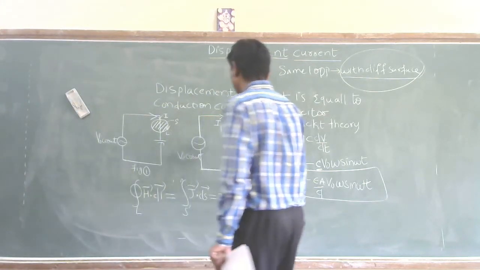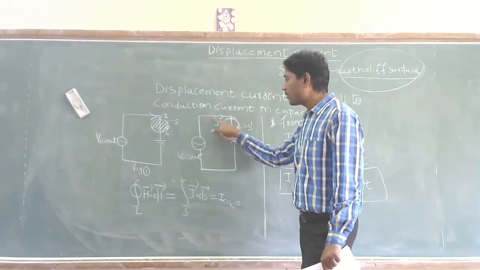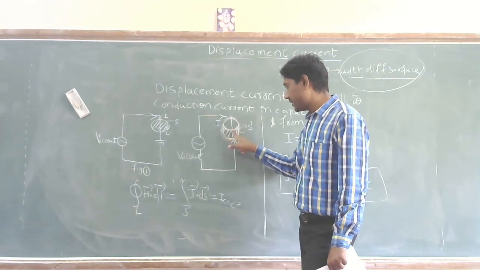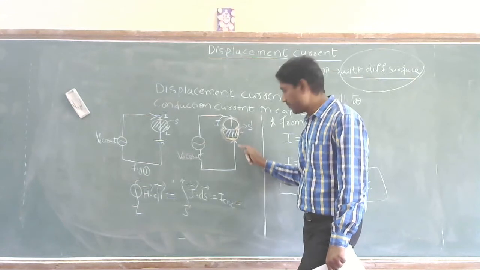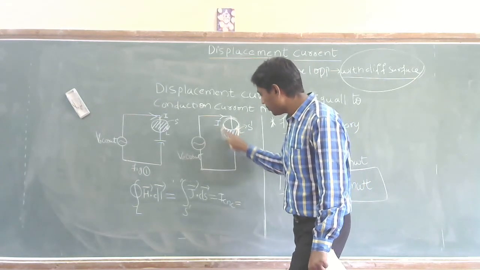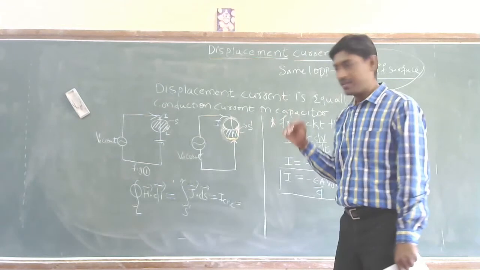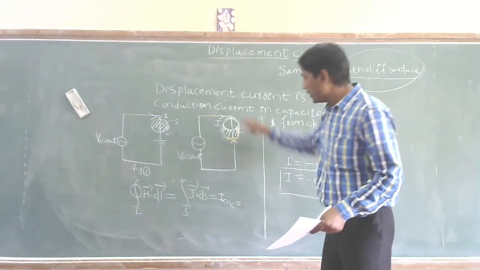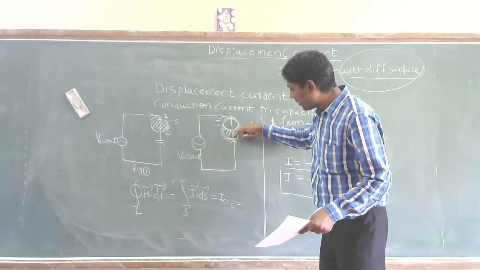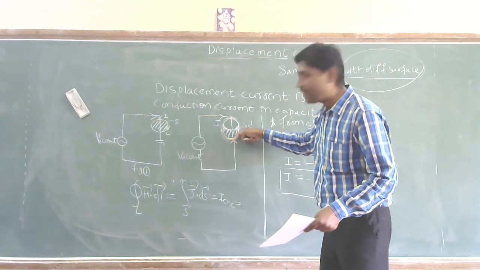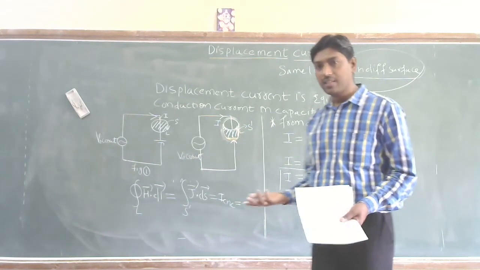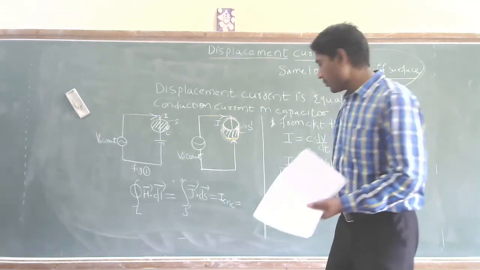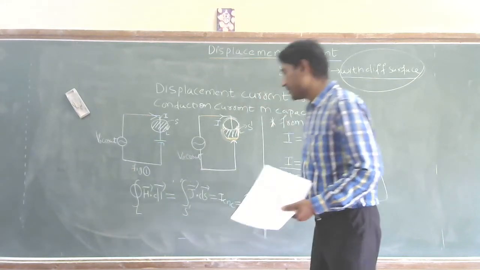I cannot say that I enclosed is equal to I, because this I is a conduction current which can flow only in the conductor. My surface has enclosed one plate of the capacitor, and it has also enclosed a dielectric medium. So this current can flow up to here, but it cannot pass through the surface because here you have a dielectric medium. The conduction current in a dielectric medium is zero.